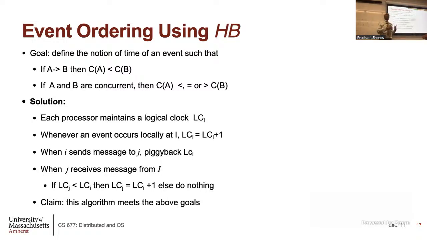What you really want is the implication to go both ways. You want that if A happened before B, whatever timestamps you have put actually respect that ordering. The one that is A has to have a lower timestamp. But I should also be able to compare these two timestamps and say this timestamp is lower, so I should make sure that that event has actually happened before. Okay? Lamport's clocks don't do that.